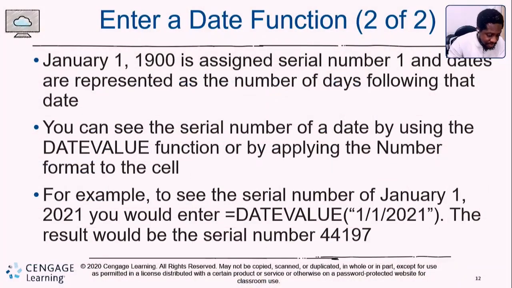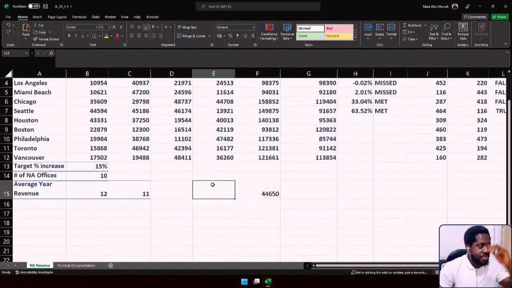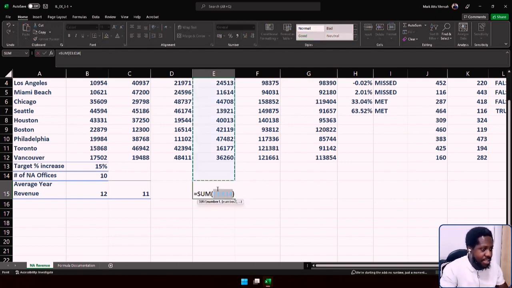Right. So Excel equation tools allow you to insert many common equations, such as the area of a circle and the Pythagoras theorem. There are a whole lot of things. If you want to activate the equation symbol, depending on which cell you want to deal with, you can trigger that by holding Alt and plus.